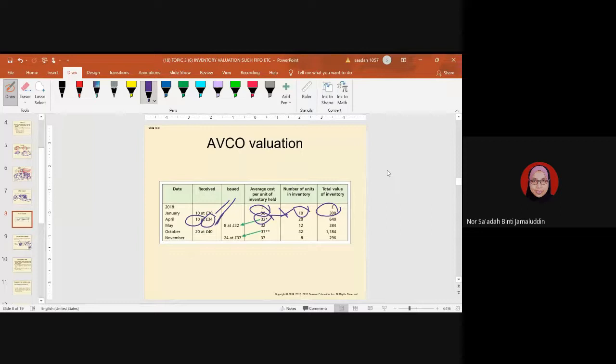How to calculate to get 32? Okay, you must add 30 ringgit with 34 ringgit, and then you must divide by 20.